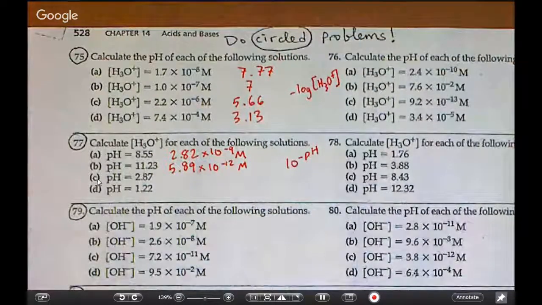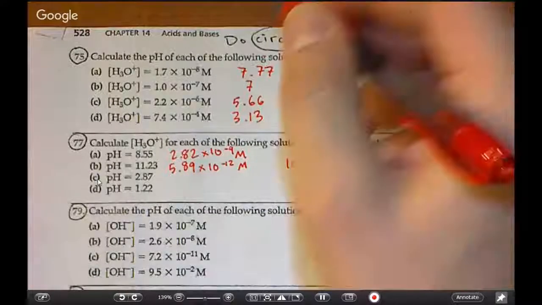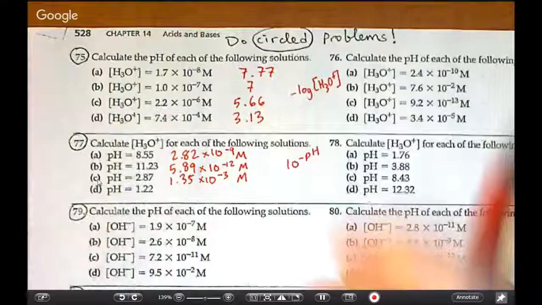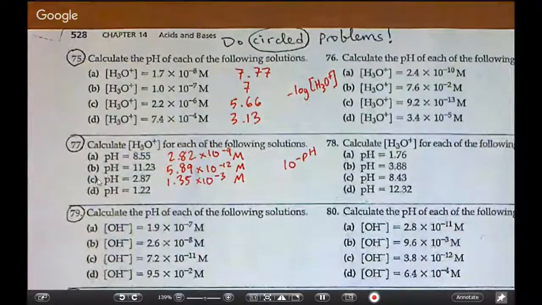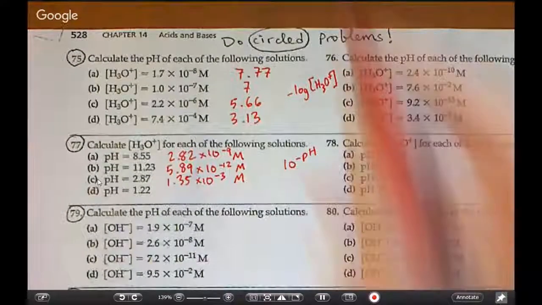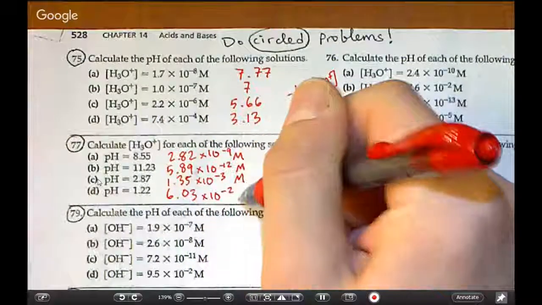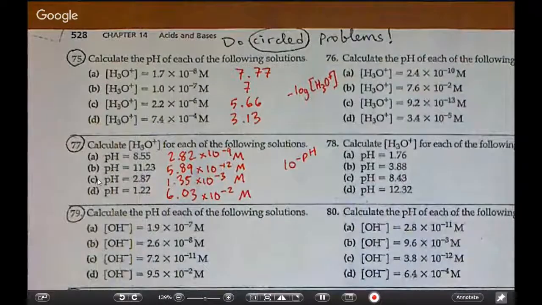Tenth place is fine. 0.35 times 10 to the minus 3 for C. I've got all these in scientific notation because the first ones were really small and I switched my calculator to scientific notation. C and D you could put in standard and that'd be fine. But as you start to get to a smaller number, scientific notation is the way to go.